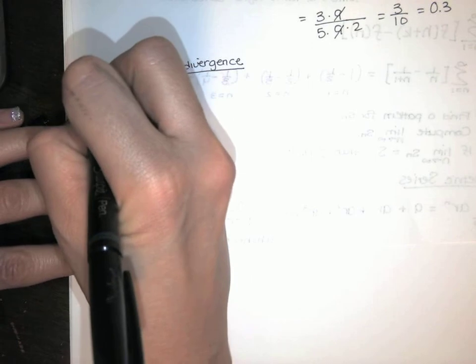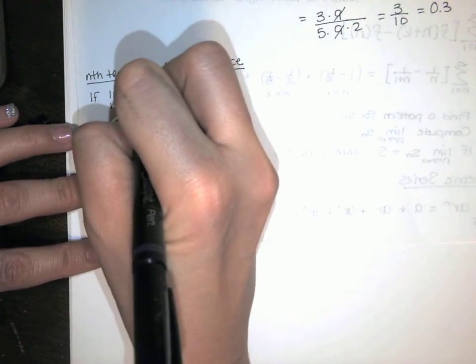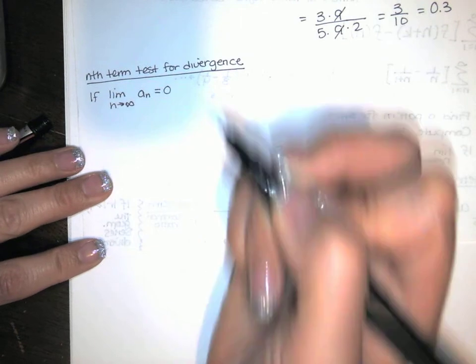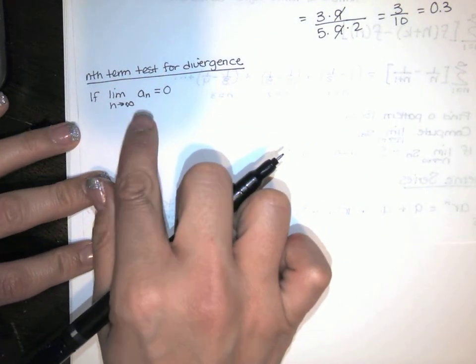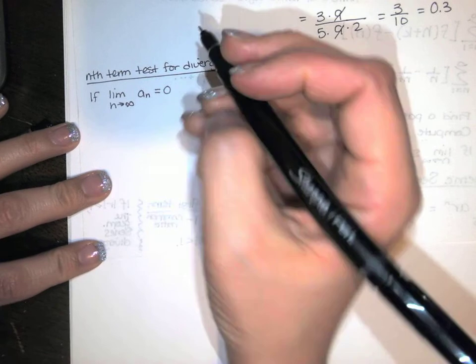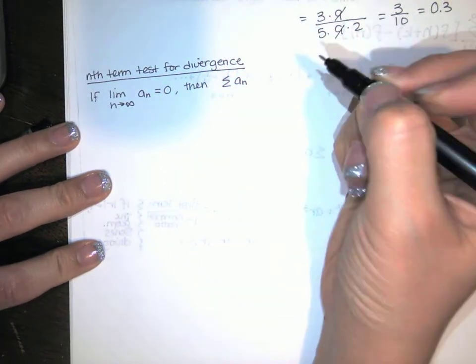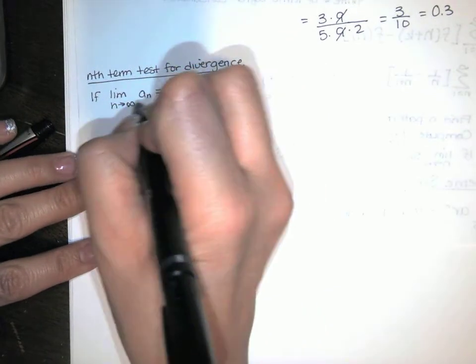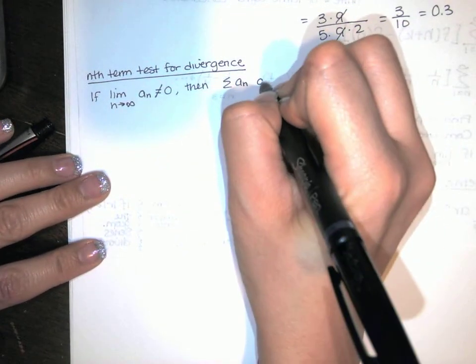It says if the nth term of the series, and this is not S sub n, it's not the nth partial sum, but the nth term, if that does not go to 0, the corresponding series diverges.